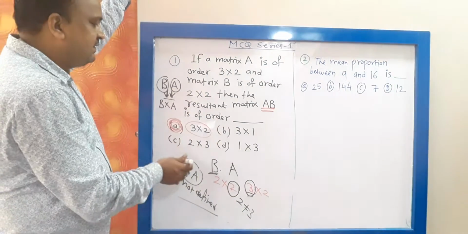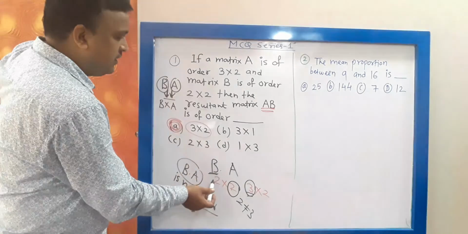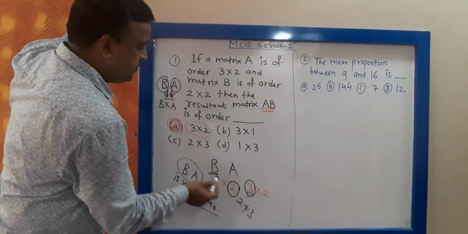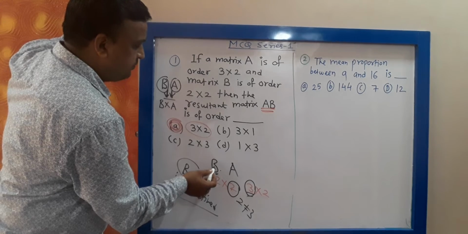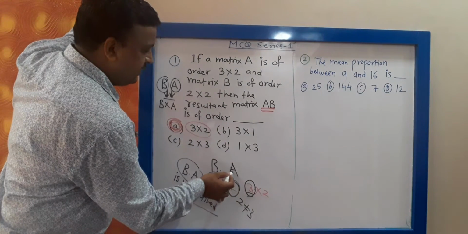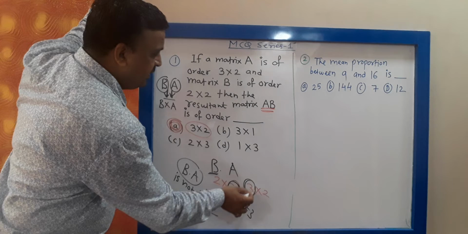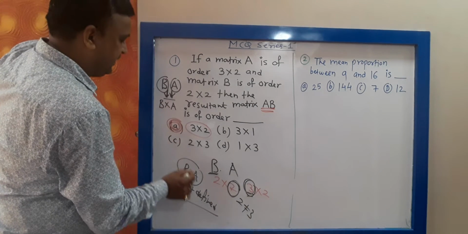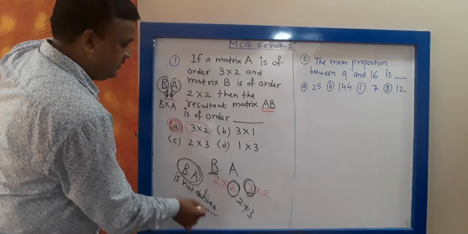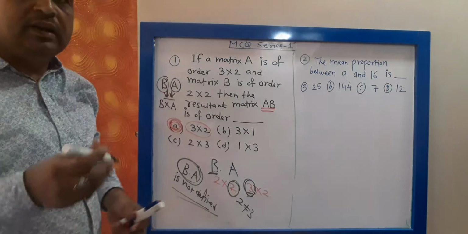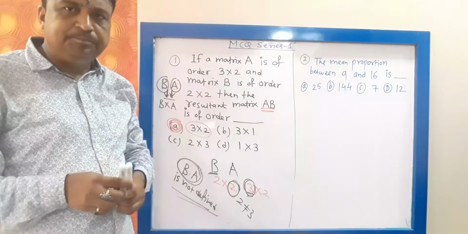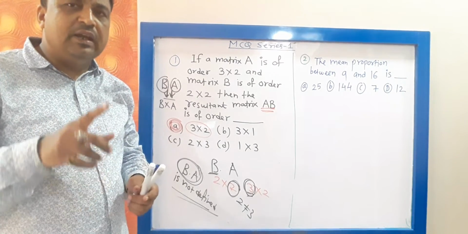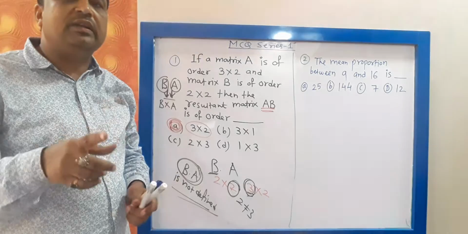But in this case B is of order 2 by 2, A is of order 3 by 2, the number of columns of B is 2 and the number of rows of A is 3. So 2 is not equal to 3, therefore BA is not defined. Is it clear? So if B dot A is not defined, we cannot find the order of B dot A.